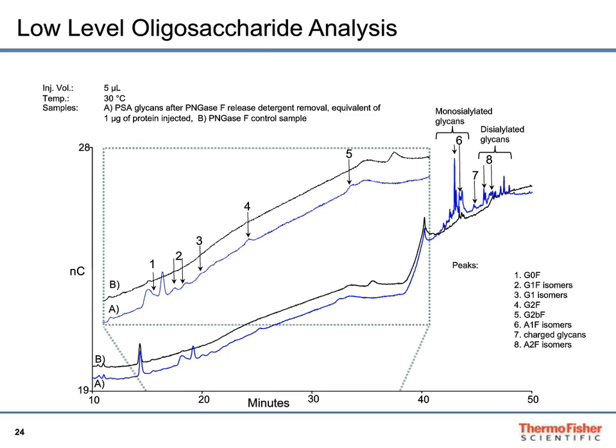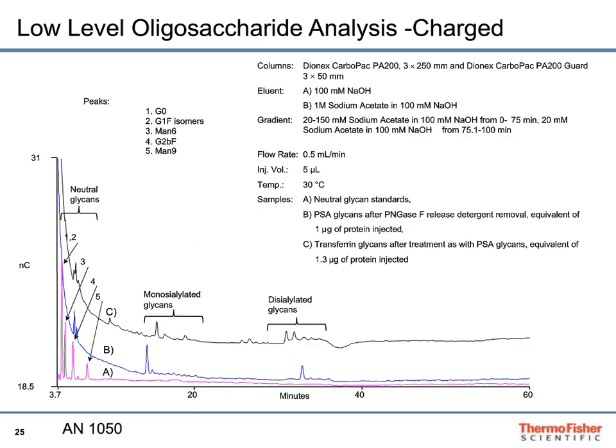You'll notice that there's only 1 microgram injected there, and we're seeing those particular neutral oligosaccharides, which I will describe in a bit. But suffice to say, there's not a lot of material there. From 1 microgram of glycoprotein, that would translate to picomole quantities of the oligosaccharide. And then we see that there are mono- and disialylated oligosaccharides in that portion of the separation at the end there.